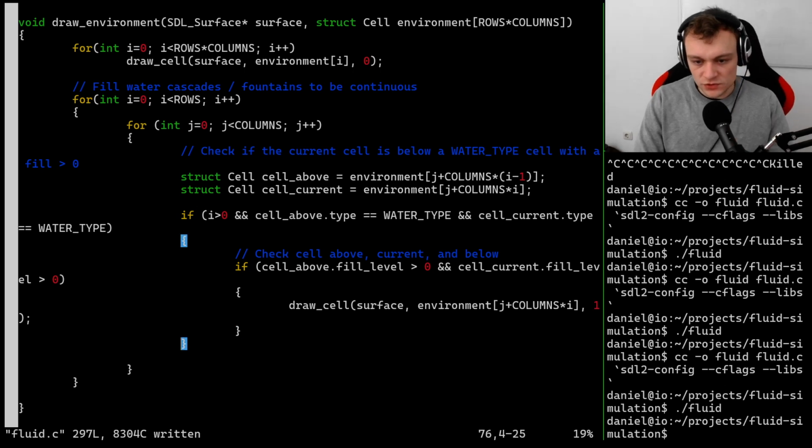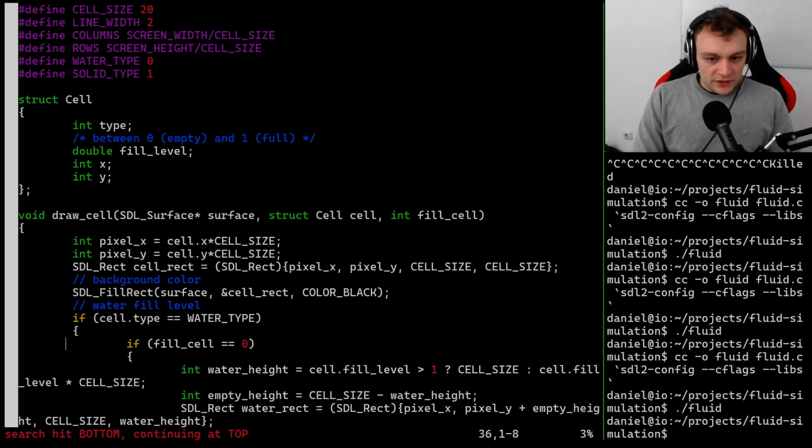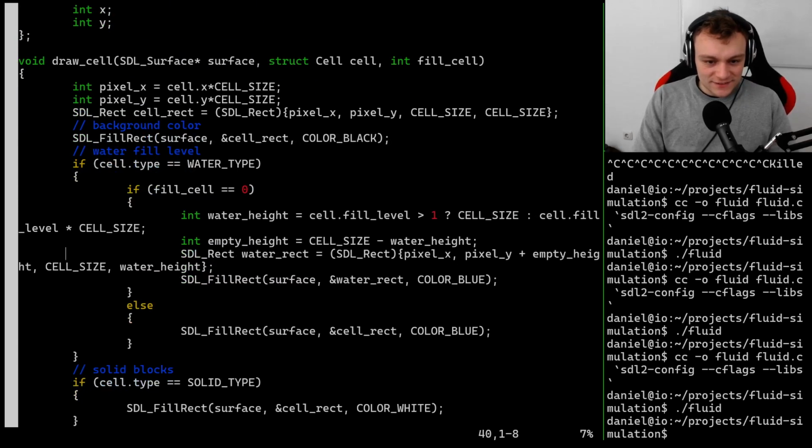So there must be an interesting and probably incredibly stupid bug somewhere around here that I haven't found yet. So, yeah. We use the cell rectangle here. What is that? That should be correct because the solids use that same cell rectangle.